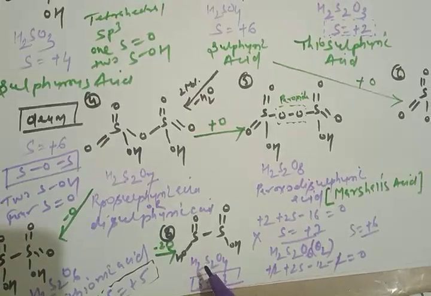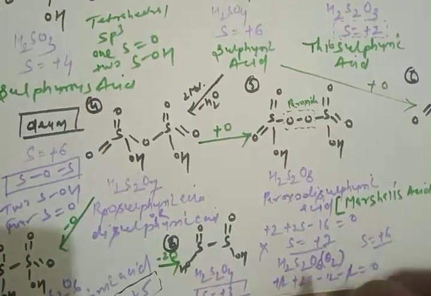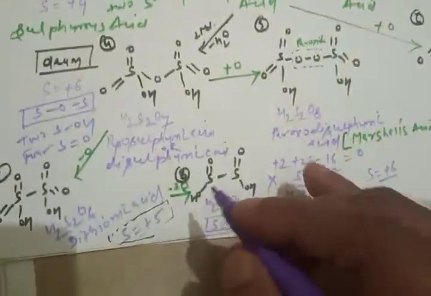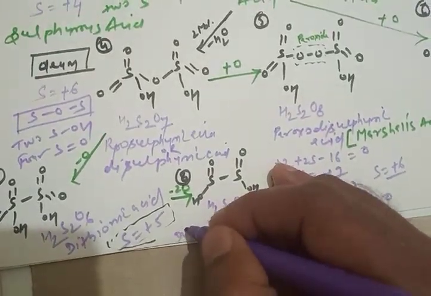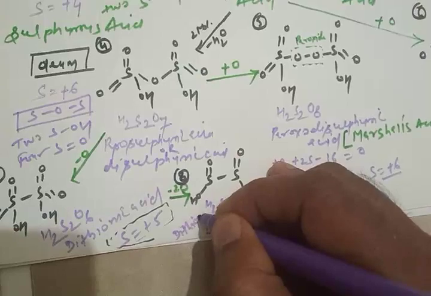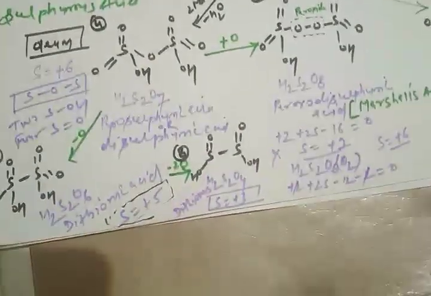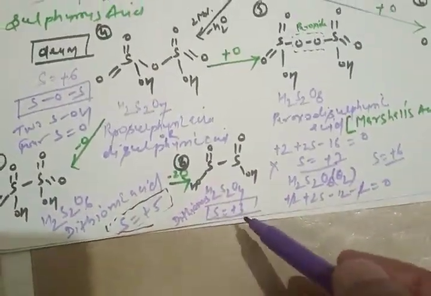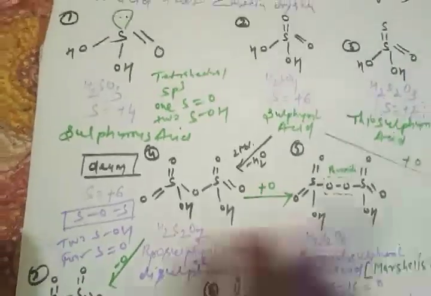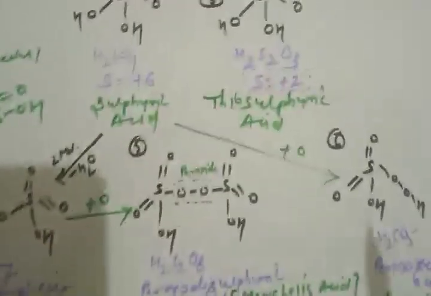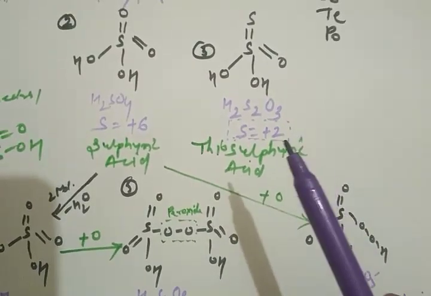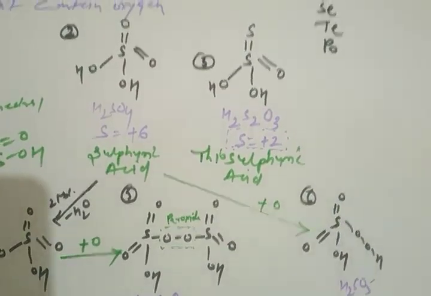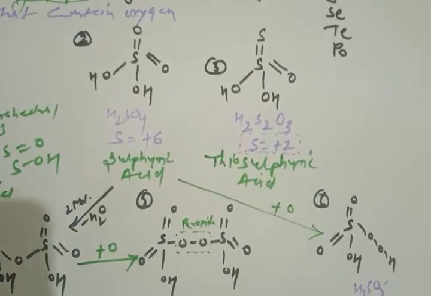This is dithionous acid, S is plus 3. Then the thiosulfuric acid, S is plus 2.